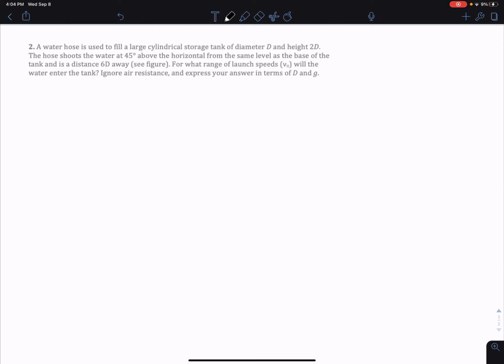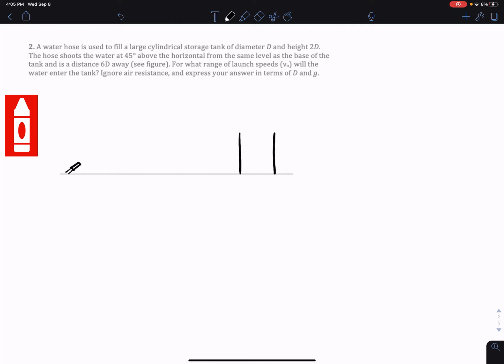So we're going to start by drawing this picture, and we have this hose, okay, and here's the ground. And so here's the hose, here's the ground, here's our water tank, and you can tell it's a water tank because it's filled with water.